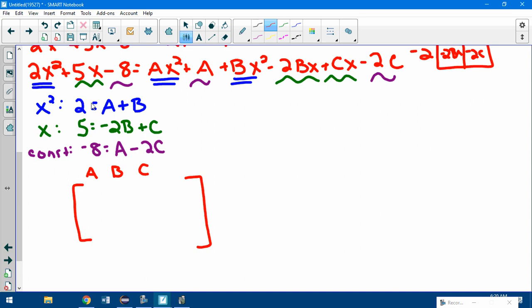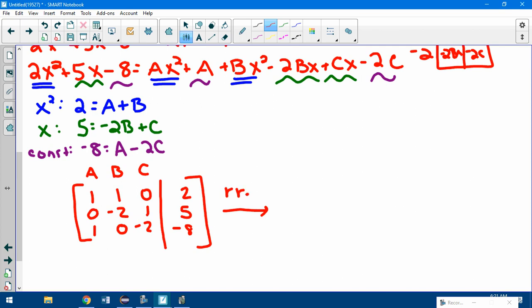For the first, the blue equation, a plus b equals 2: 1A plus 1B plus 0C equals 2. For the green equation, there's no A's, but negative 2B plus 1C equals 5. And for the third equation, 1A, there's no B's, but minus 2C's equals negative 8. You can plug that into that calculator and then do reduced row echelon form.